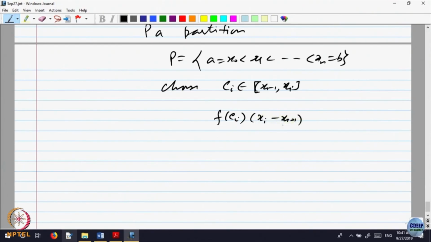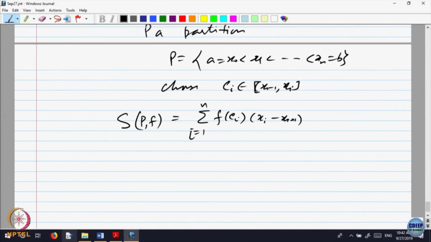So that is the strip, right? Take the summation. That gives you an approximate size of the area below the graph of the function. So let us call it S(P, f).